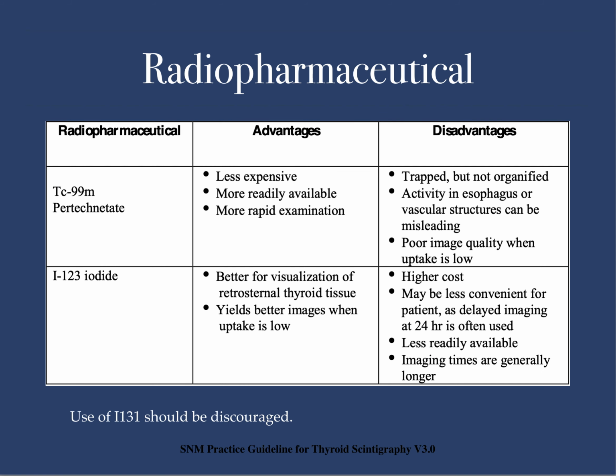The 2 radiopharmaceuticals that we should be using for thyroid scintigraphy are I-123, which is the mainstay. It's physiologic, easy to use. Challenges, somewhat higher cost, maybe less convenient, not quite as available as Tc-99m, but nonetheless availability is pretty routine.